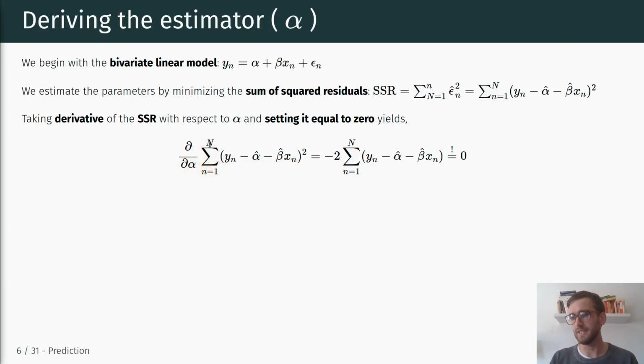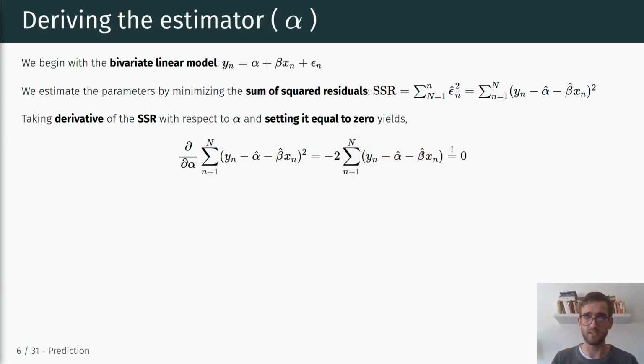And note here that in this sum, the yn and the xn are all observed. This is our data for each individual observation from 1 through n. And alpha hat and beta hat are now our parameters that we want to estimate, okay? And so when we take the derivative, the simple chain rule suggests we take the derivative with respect to alpha, and so this becomes -2 times the sum of this residual function, right?